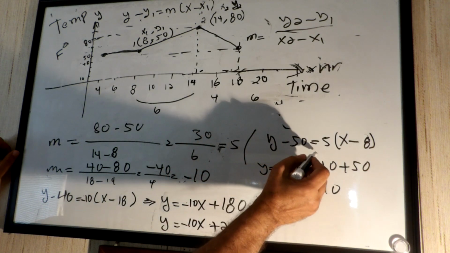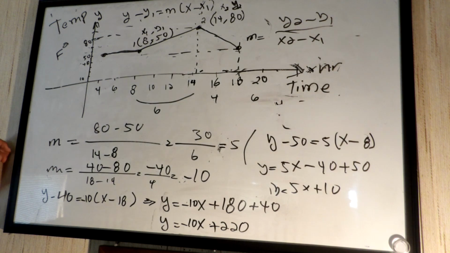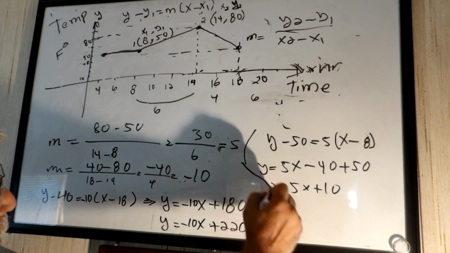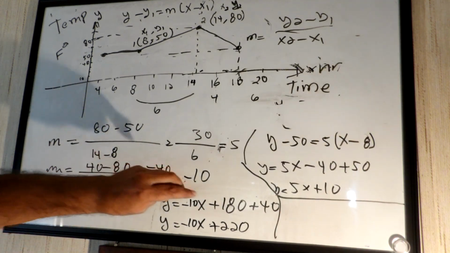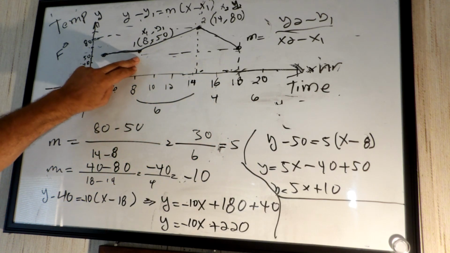And we use the general formula, y minus y1, with one point, okay? Now let me explain: if we use this point, y is 50, and we use this point 1 for this.